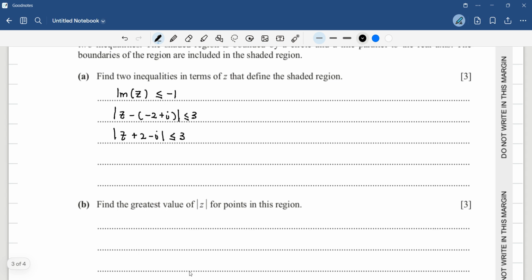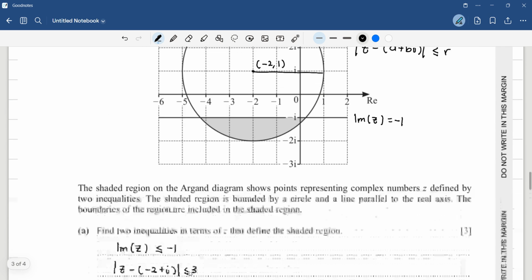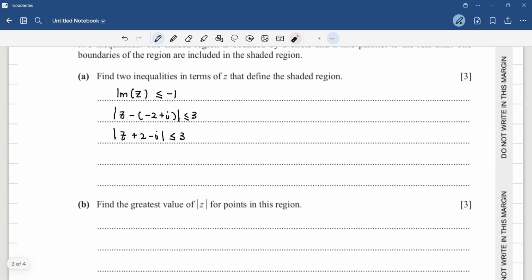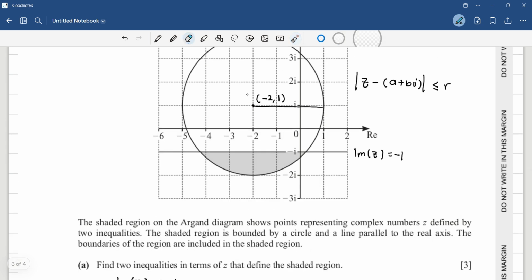Question B: find the greatest value of modulus z for a point in this region. The modulus of z represents the distance of a point in the shaded region from the origin. For example, the distance from here to here is the modulus z.